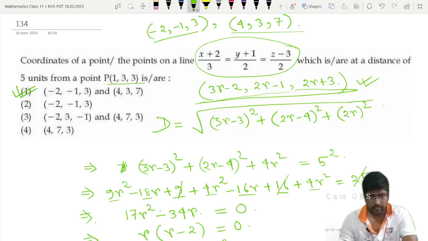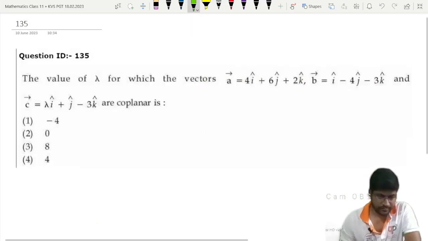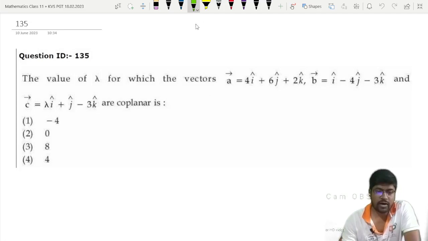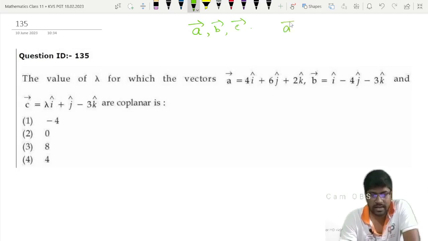So now let's move to the next question. Question number 135. Here they are asking the value of lambda for which the vectors a, b and c are coplanar. So for coplanarity, if the vectors a, b, c are coplanar, then a dot b cross c will be equal to 0.